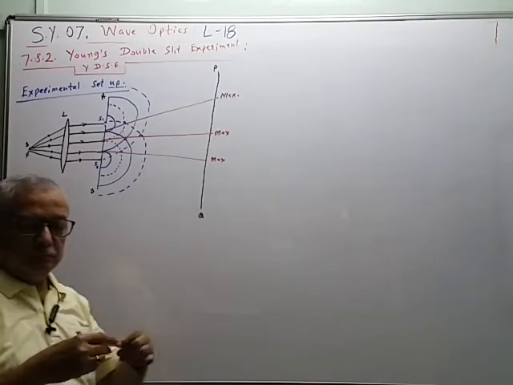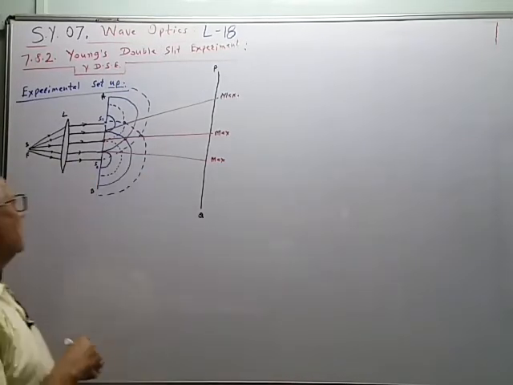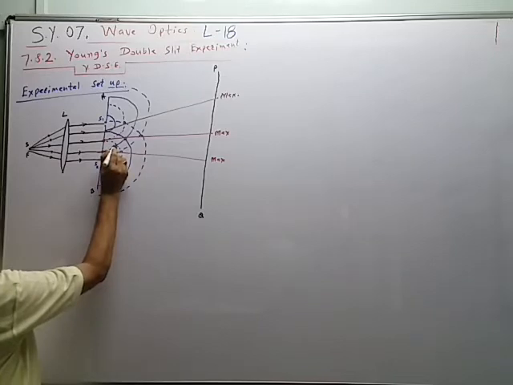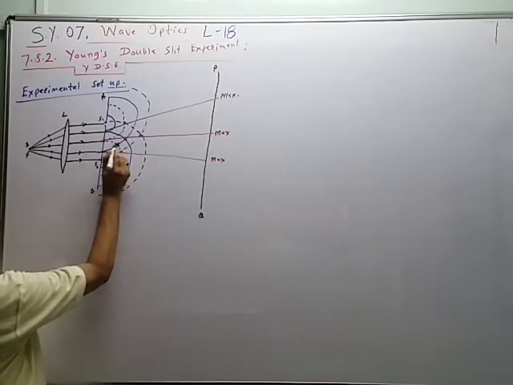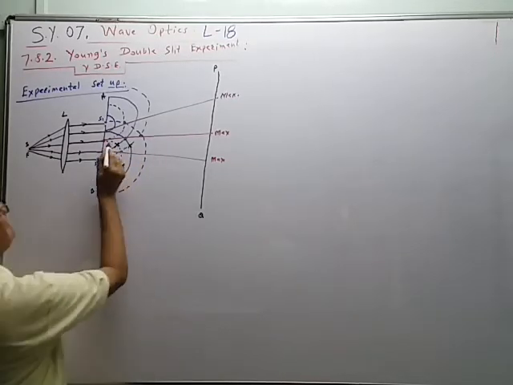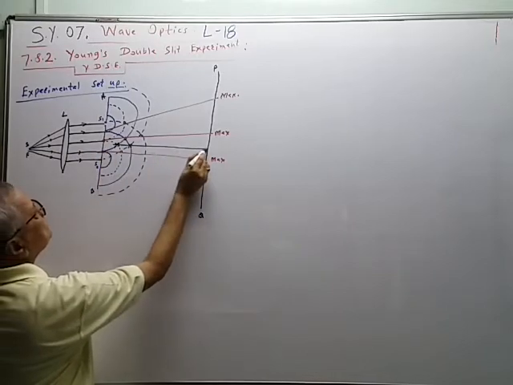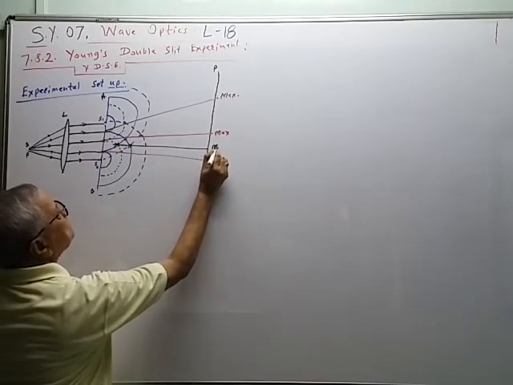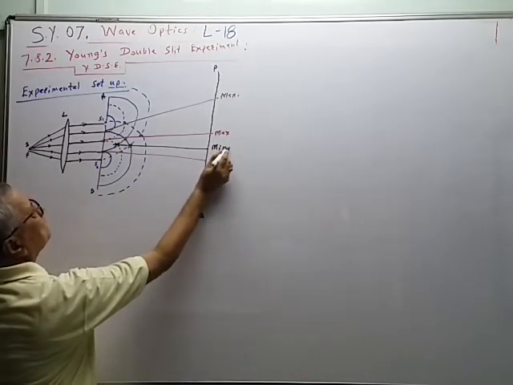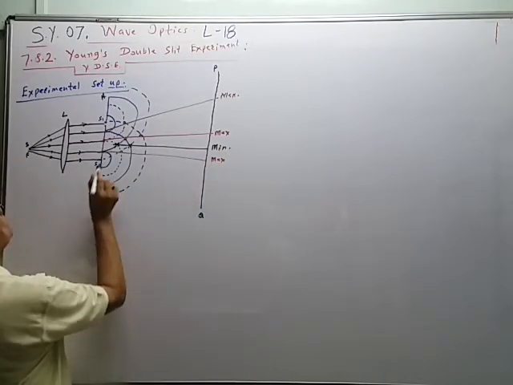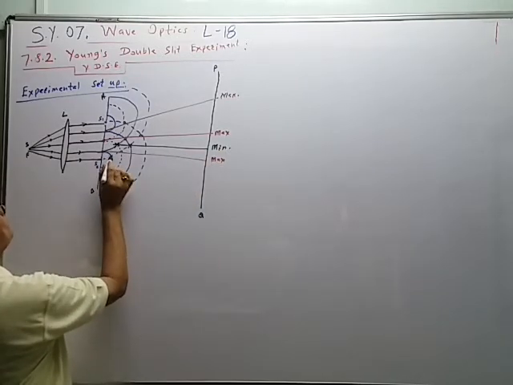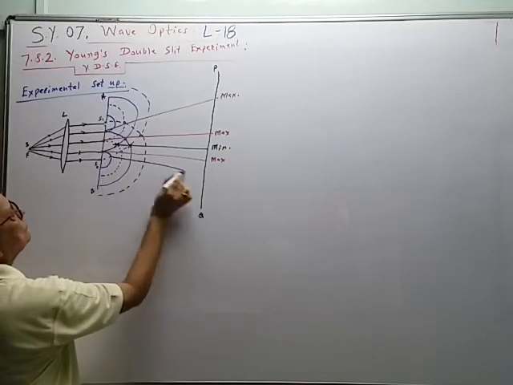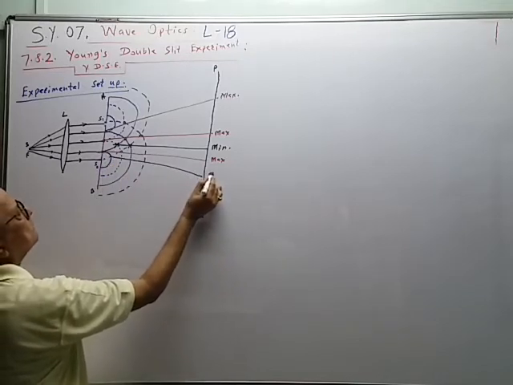Now here one crest and one trough cross each other, so it is a point of destructive interference. If you join them, then this will be a minima, means dark band. Similarly on this side, if you increase the circle, there will be more minima on this side.